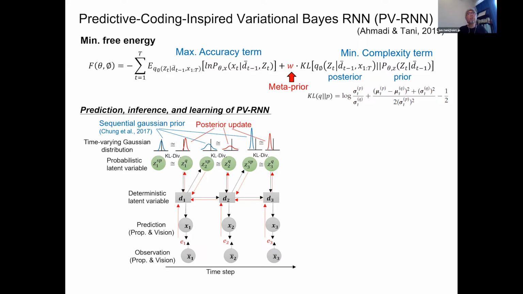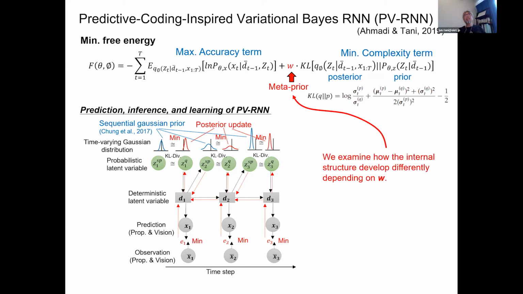So we have two things to do: error minimization, and the prior-posterior term, called the complexity term, which has to be minimized.